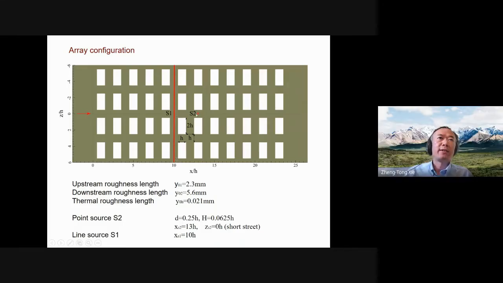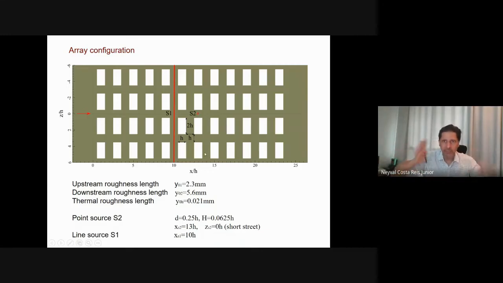So even at 10H, you get some difference from using the entire domain with a periodic boundary condition.